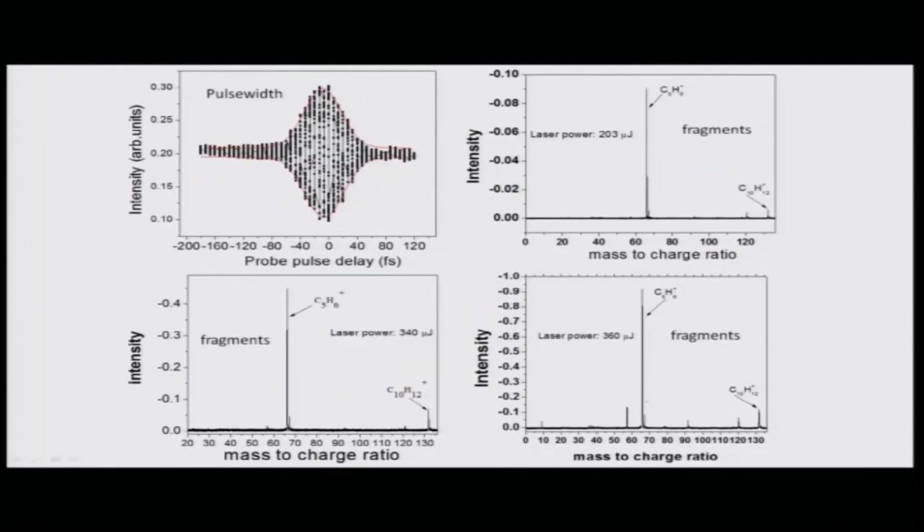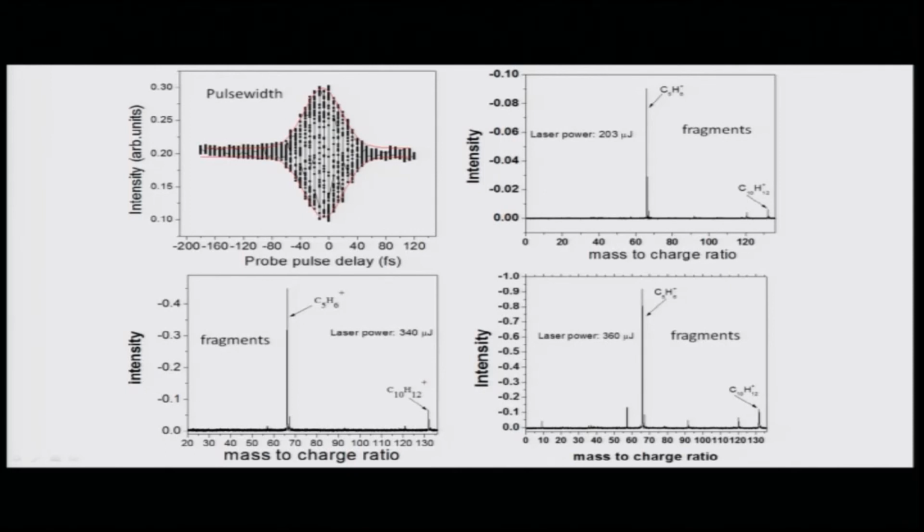And what we find is that given our pulse width of the laser, the fragments are very specifically distributed to the dimer and the monomer, which lets our experiment work well. If the intensity of the laser goes too high, then it becomes complicated in terms of interpreting the results because other fragments start appearing.